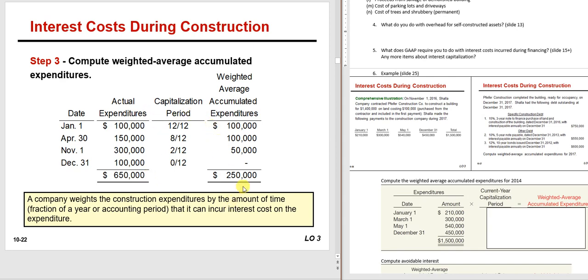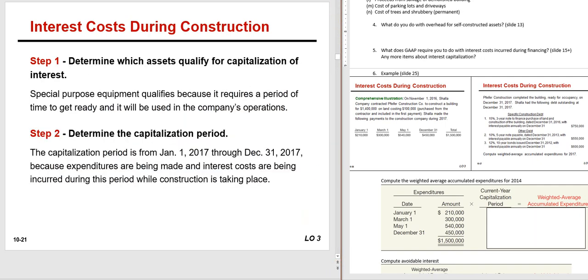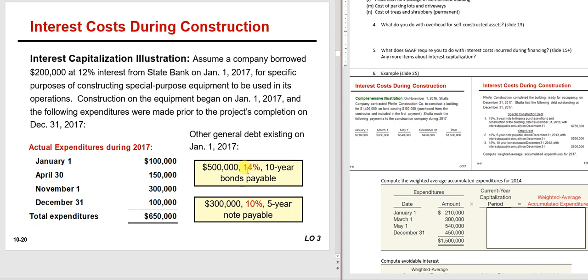So our weighted average accumulated expenditures are $250,000. Select the appropriate interest rate. Remember, we borrowed $200,000 for the construction project itself, and then we had 2 other items of debt. We had 14% bonds and 10% bonds, okay?